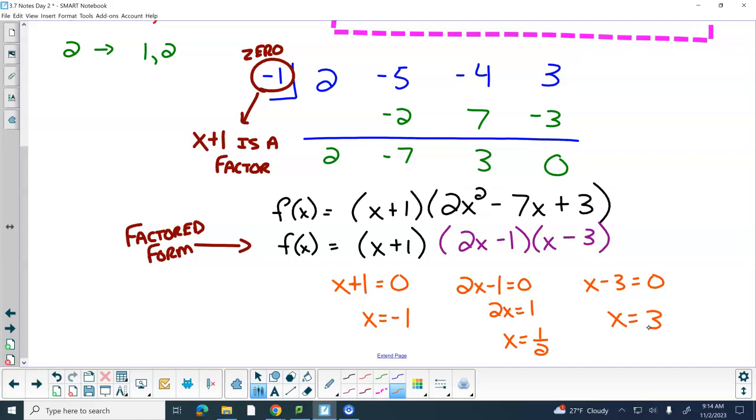But in the end, it would have been the same from factored form down. Okay? So our 3 zeros are negative 1, positive 1/2, and positive 3.